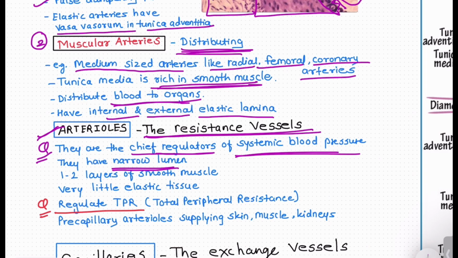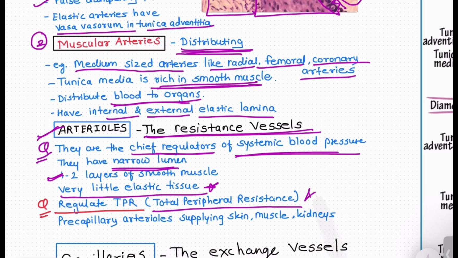So arterioles are the vessels which have the narrowest lumen, 1 to 2 layers of smooth muscles, and very little elastic tissue. That's why they don't recoil, but they act as resistance vessels. They regulate total peripheral resistance.